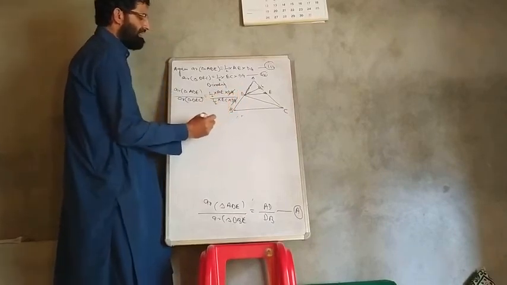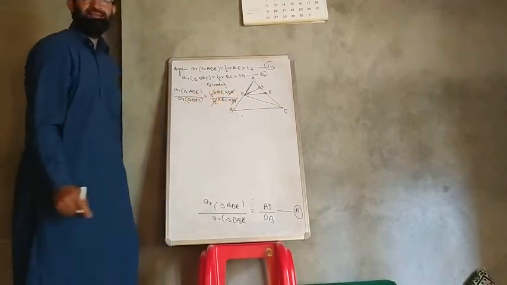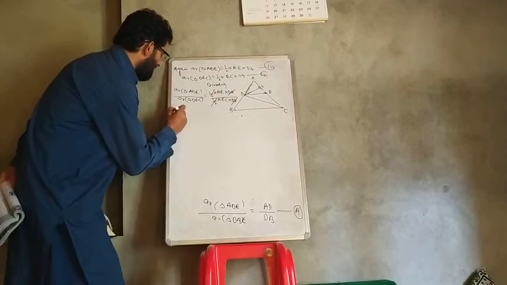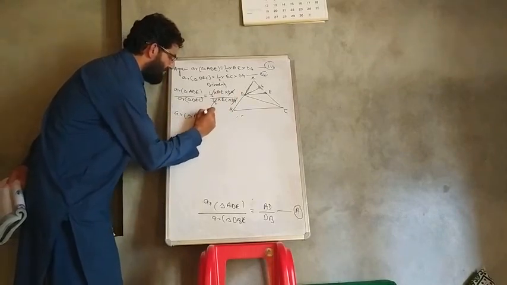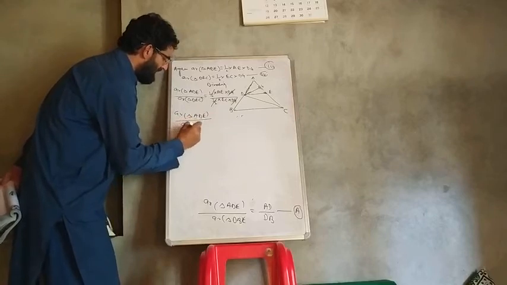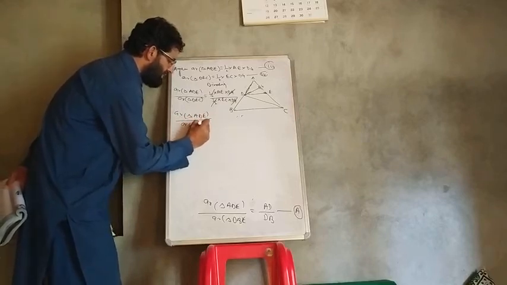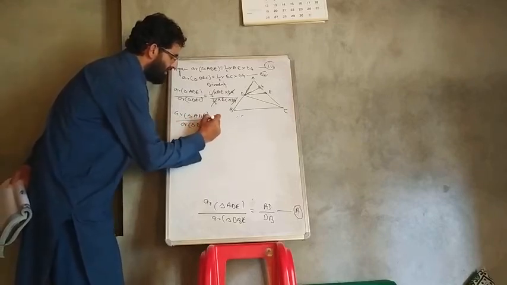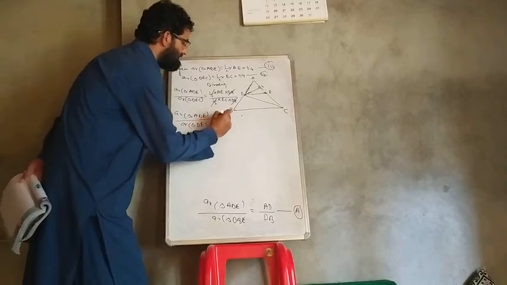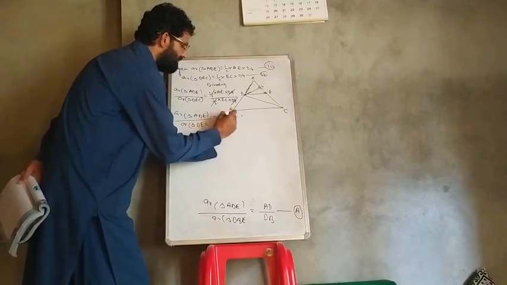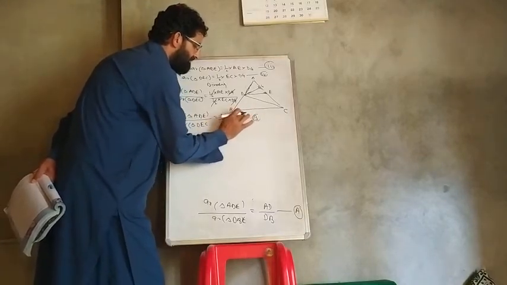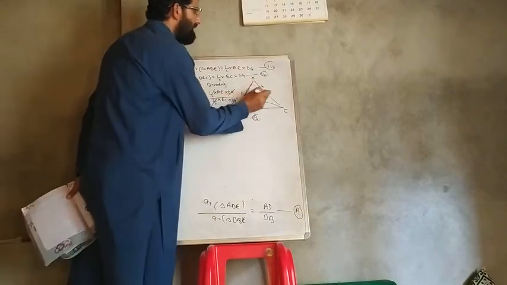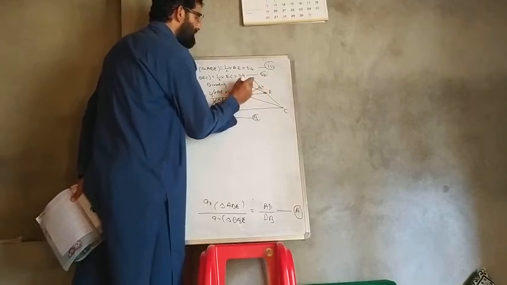DG and DG will get cancelled, 1 by 2 and 1 by 2 will get cancelled. And we are left with area of triangle ADE divided by area of triangle DEC equal to AE divided by EC. Name this equation B. Now see here, this was our perpendicular EF.